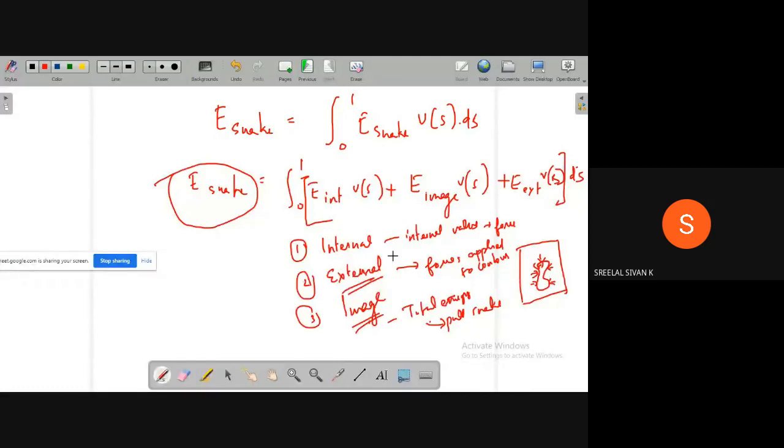Then external forces, applied to that particular contour, the external pixel values which influence that particular point. And total energy, called image energy, which is responsible for pulling the snake to that particular boundary. These three energies are considered to define your snake energy. That is the mechanism used in active contour.